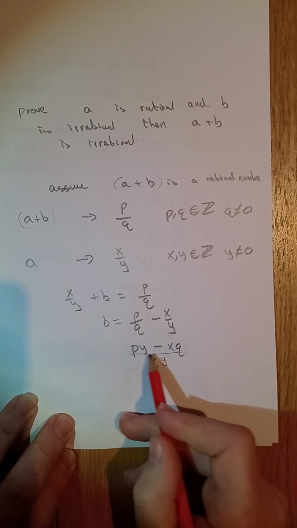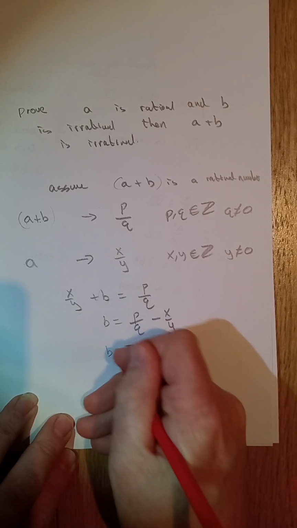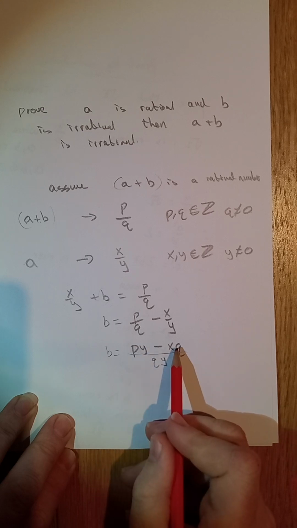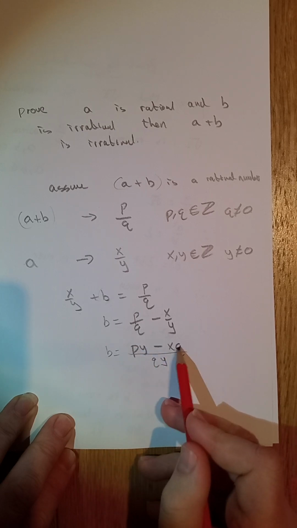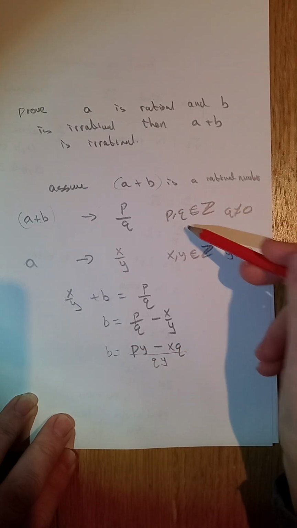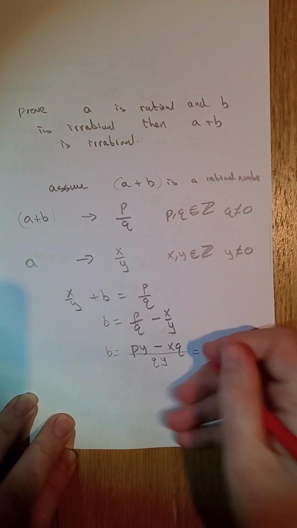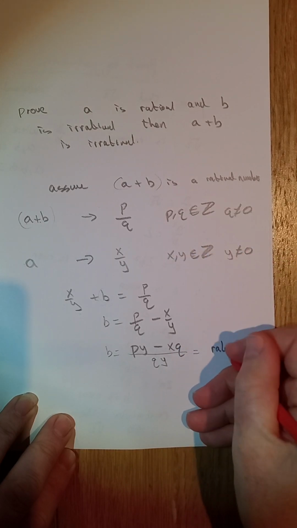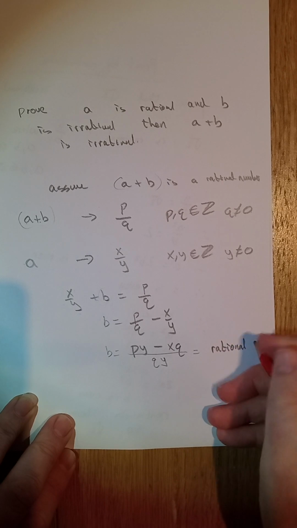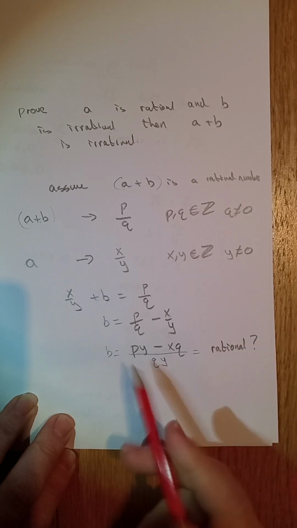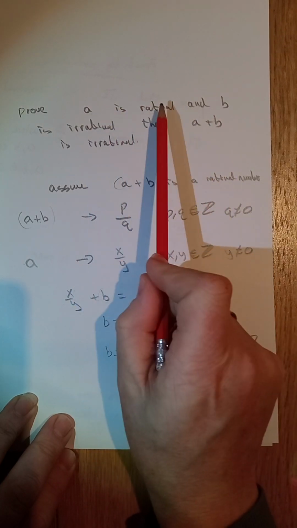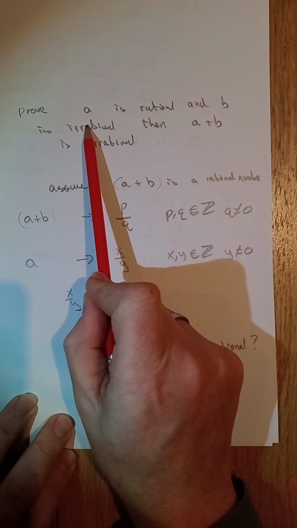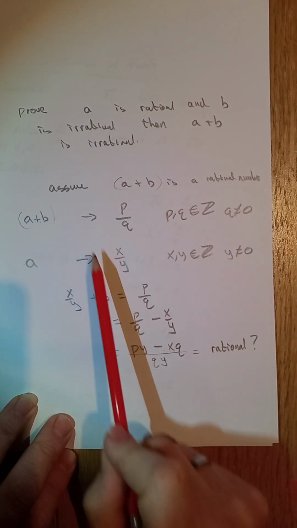But that's b. And what do you notice about b? Every one of those letters is rational. It's rational. But we said that a was a rational number and b was an irrational number, and we didn't change b the whole way down.